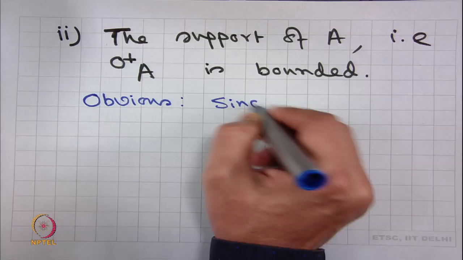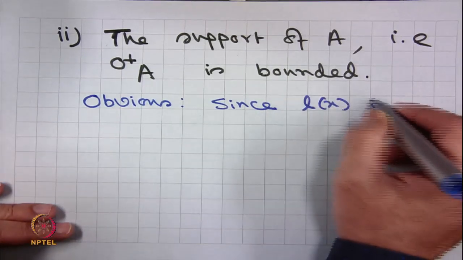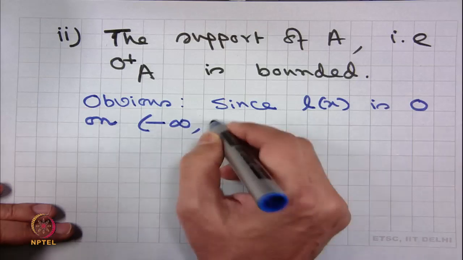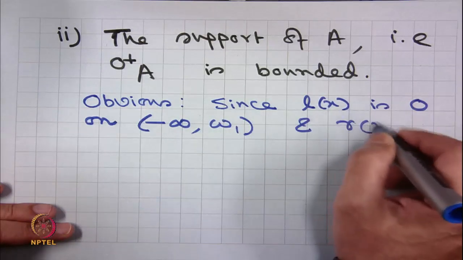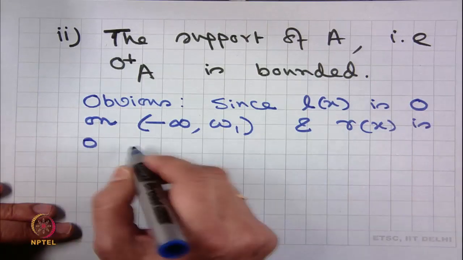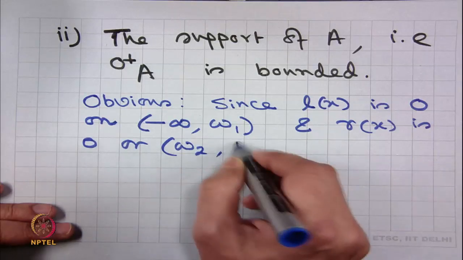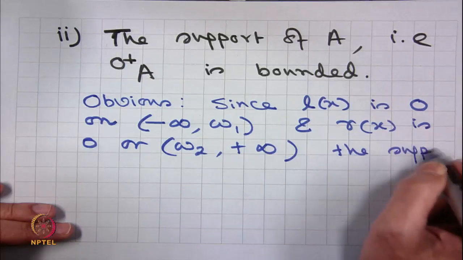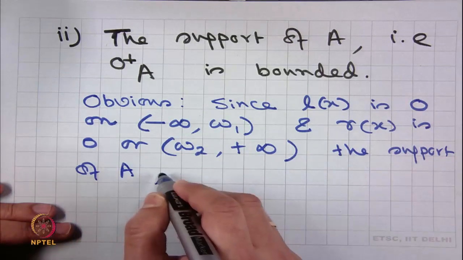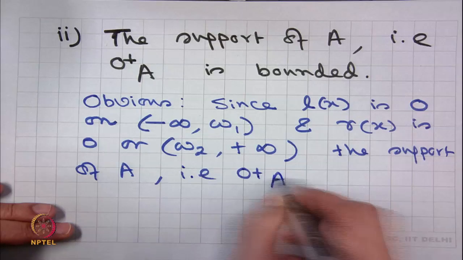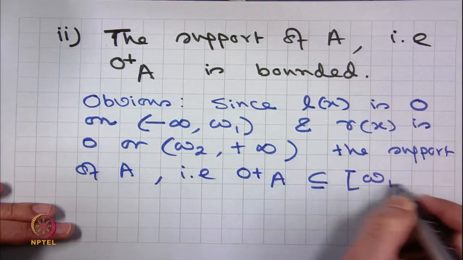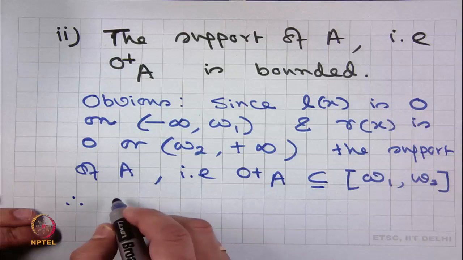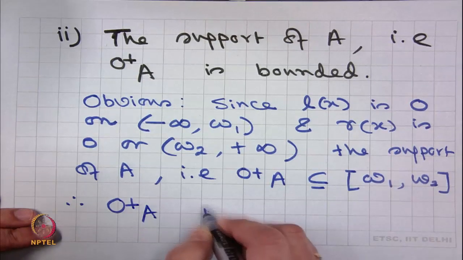Since Lx is 0 on minus infinity to W1 and Rx is 0 on W2 to plus infinity, the support of A, that is 0 plus of A, is contained in the interval W1 to W2. Therefore, 0 plus of A is bounded.